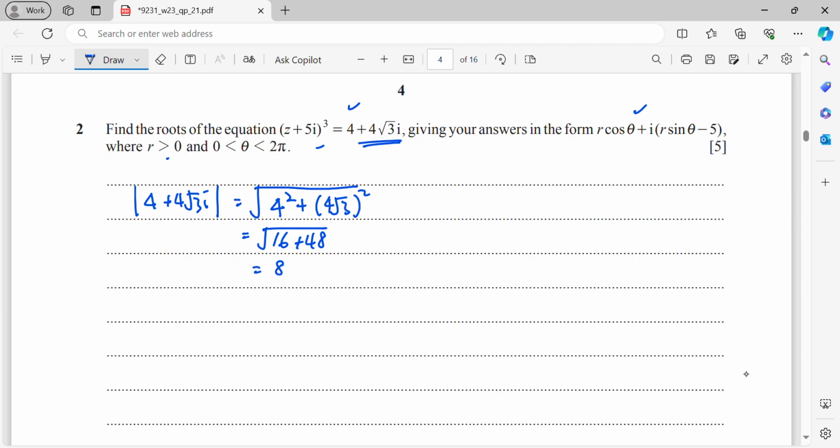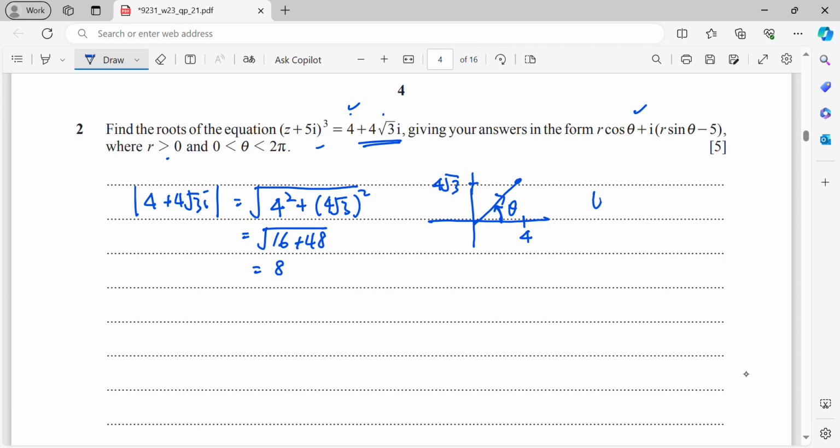Okay, now for the argument, principal argument, draw the Argand diagram. Your real part is 4. Imaginary part is positive 4 square root 3. So let's say this is the value and this is the complex number. Alright, so now your principal argument is this angle.